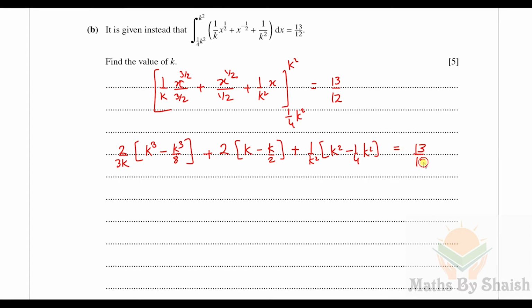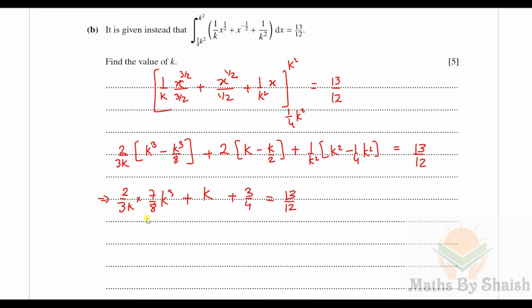So we'll simplify again. 2 by 3k times 7 by 8 k cube, and 2 times 1 by 2 is going to be k only, and from here it is going to be 3 by 4 k square, and the k square cancels, so we are left with only 3 by 4, equal to 13 by 12.